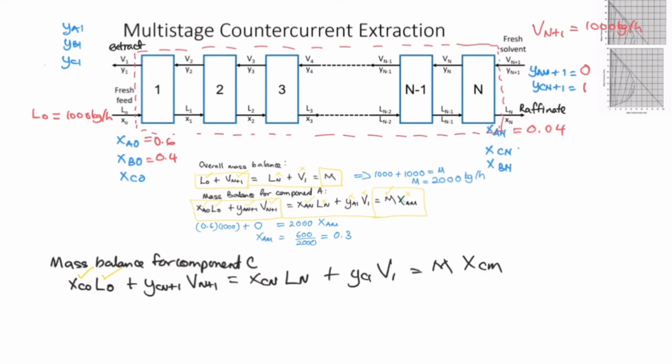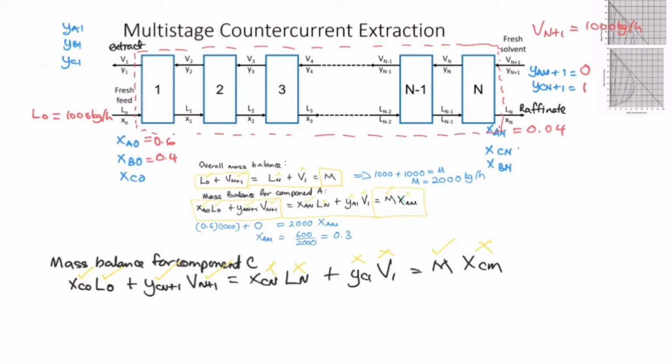And then YCN, from the schematic diagram, is equal to 1, and V(N+1) is 1000. XCN, we don't have that information, and we also don't have Ln. YC1 also we don't have, and V1 also we don't have, but we have M and we don't have XCM.